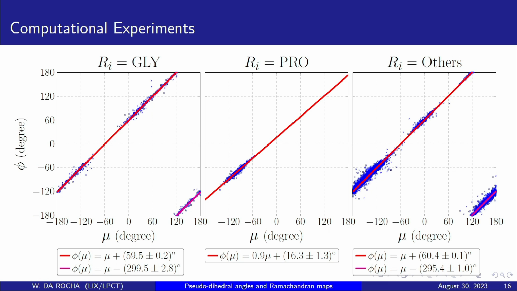With these angles, we plotted these graphs and used linear regression, and we can see that the fitting in some sense matches our theoretical description, because in our theoretical description we had a line, and here we can see with the fitting that this is indeed the case.